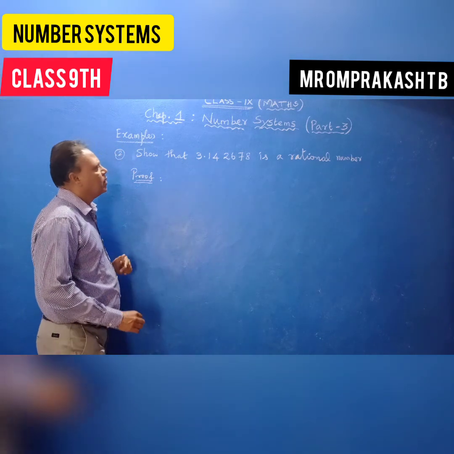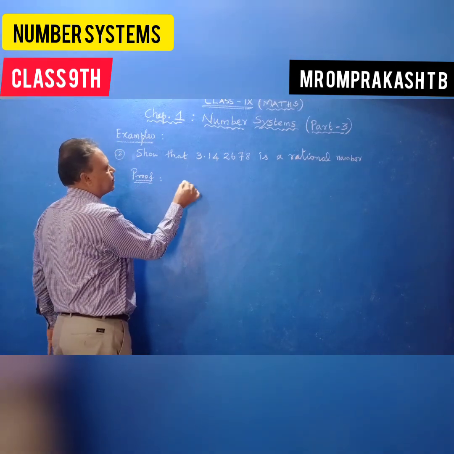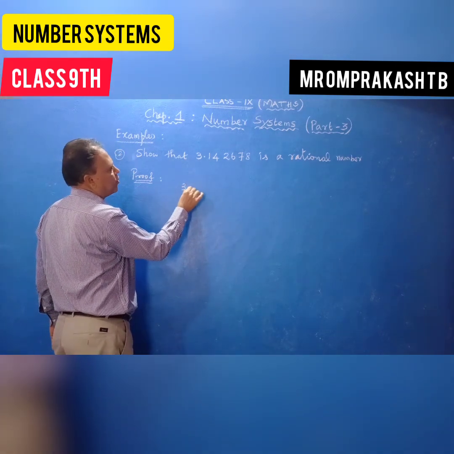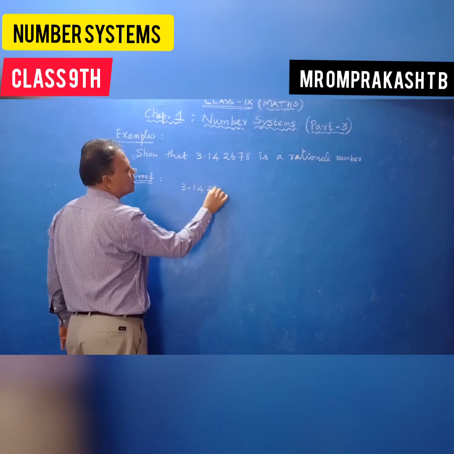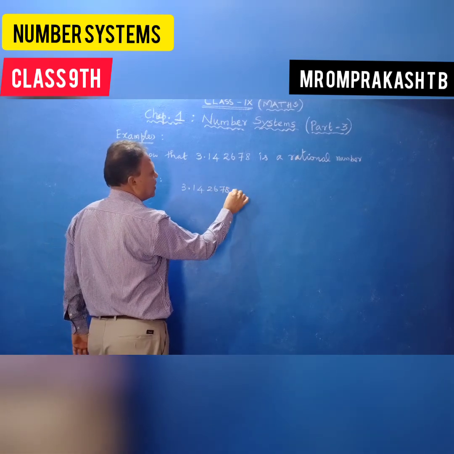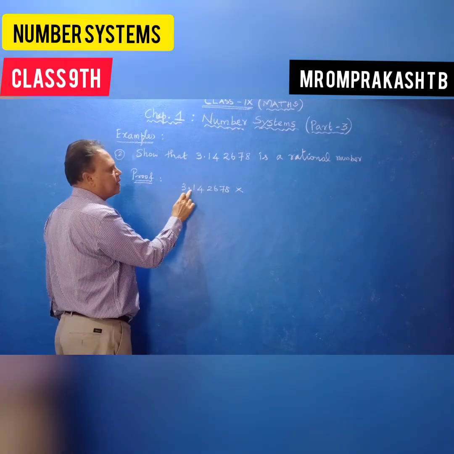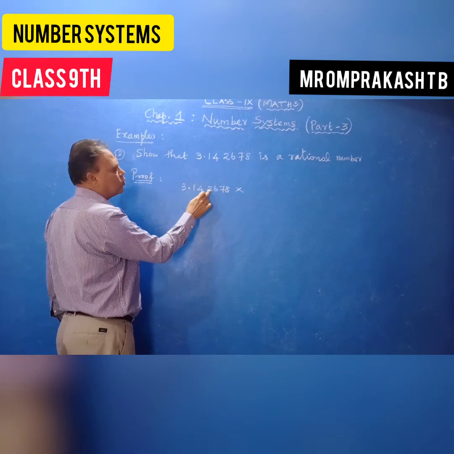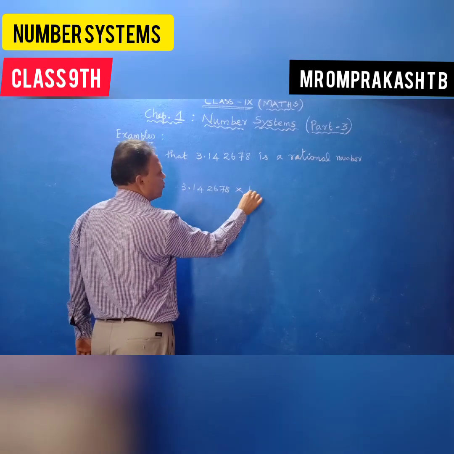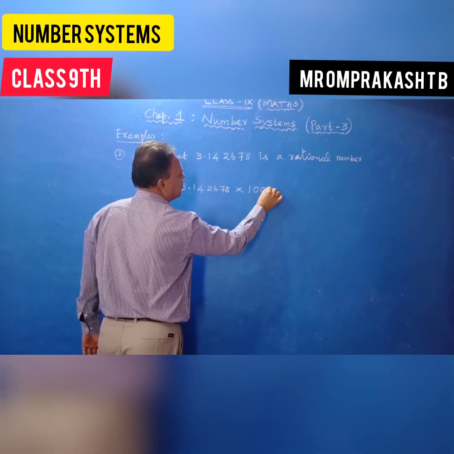Clear? So let you take this number 3.142678. So how many after decimal? How many decimal places are there? 1, 2, 3, 4, 5, 6 decimal places there. So 1 is followed by 6 zeros. Simply write.